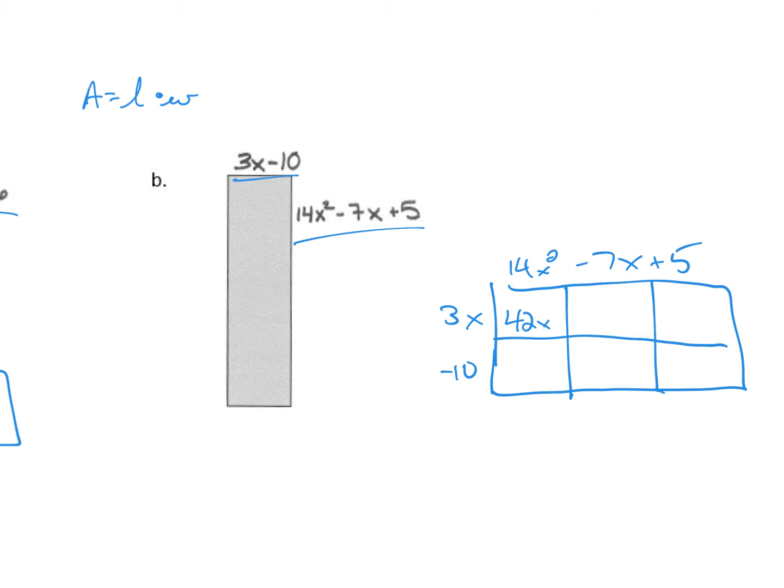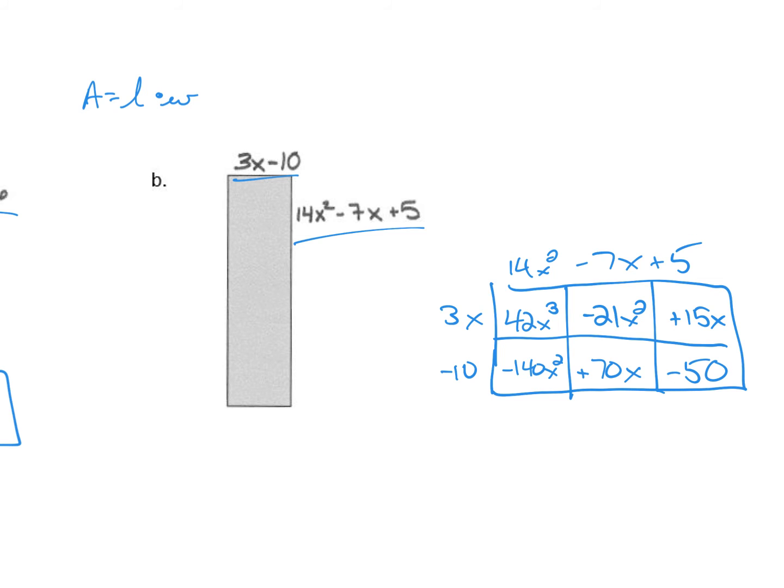So that'd be 42x cubed. We'd have a negative 21x squared plus 15x minus 140x squared, plus, actually, negative times a negative. And then we would have negative 50.